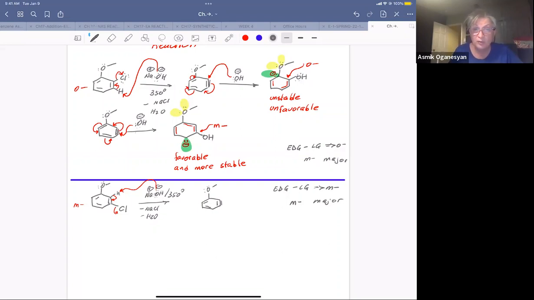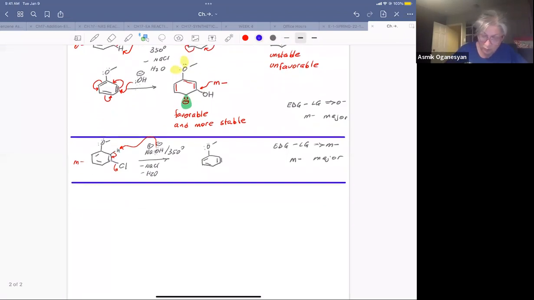Last thing that we're going to do, we will look at the substituent on the para position. And let's see what the outcomes will be in this case. Okay. So now my chloride leaving group is residing on the para position.